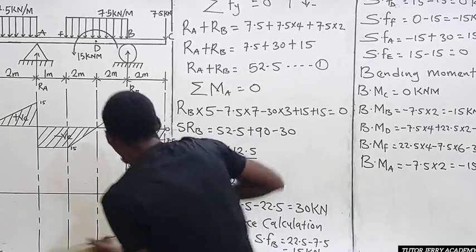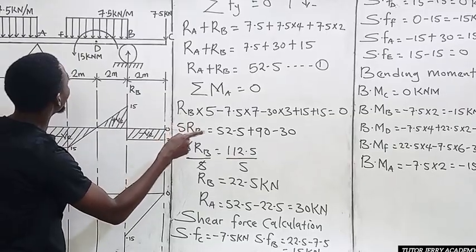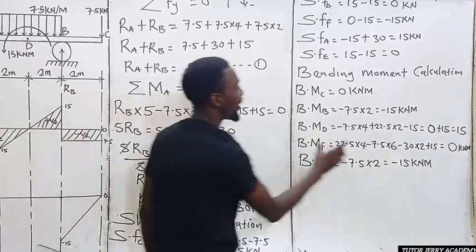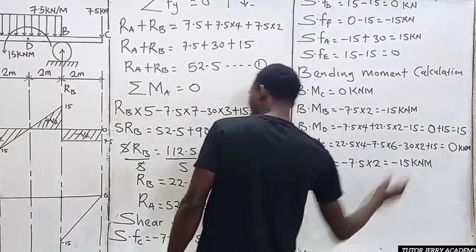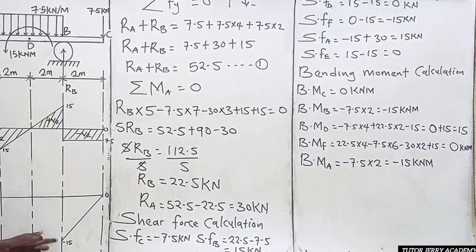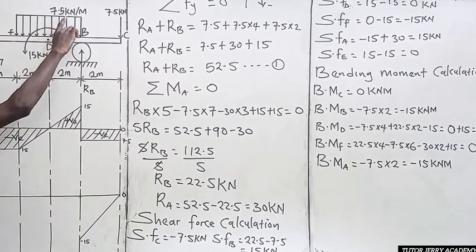All right. So now we have our bending moment at point D. The first value we calculated is 0. So now it means that the bending moment moves from this point to 0, right? And don't forget, we have a uniform distributed load.